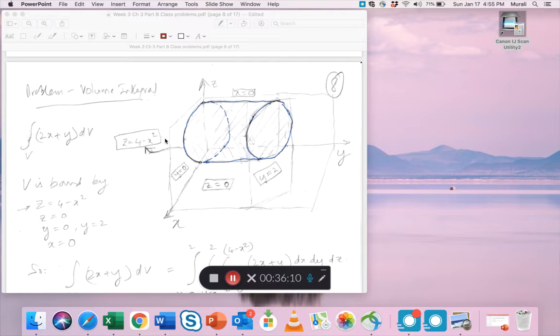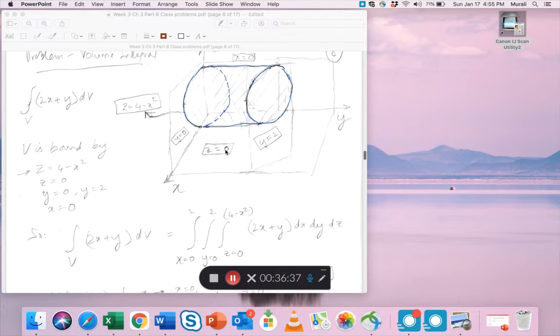And then actually there's a fourth wall also, sorry. There's actually 5 boundaries. x equals 0, y equals 0, z equals 0, and y equals 2 are 4 walls or planes. Then the fifth boundary is the cylindrical surface, z equals 4 minus x square. So with all these walls, this is how it looks.